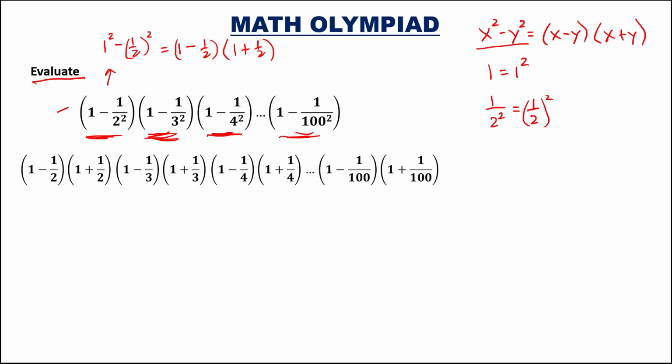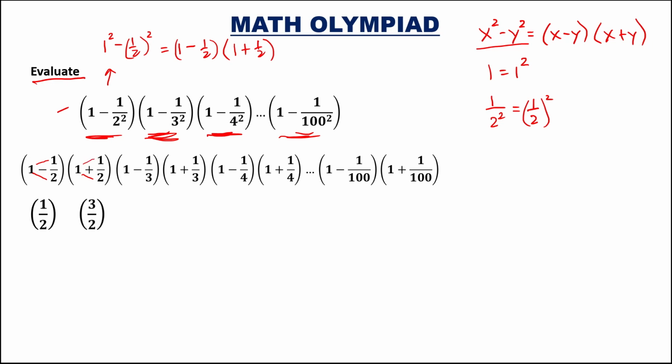Then to simplify, we have 2 times 1 is 2, 2 minus 1, that's 1. So this is equal to 1 over 2. Just copy the denominator. Then for this, 2 times 1 is 2, 2 plus 1, that's 3.